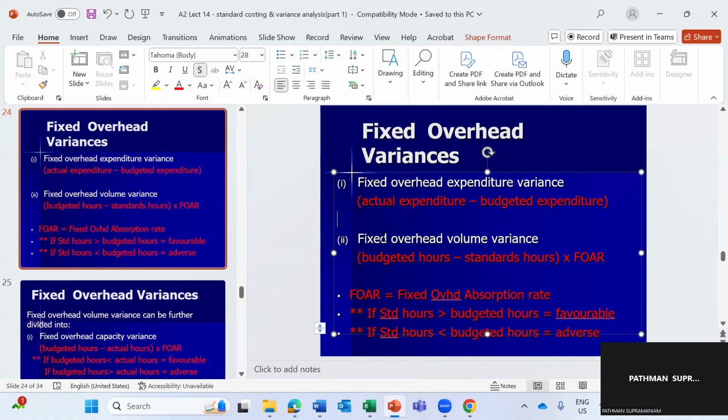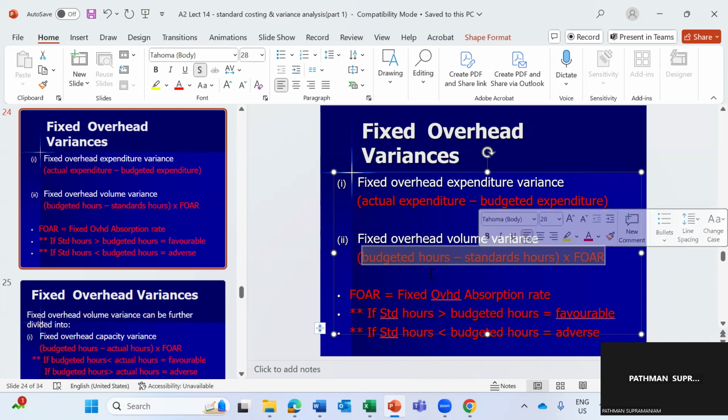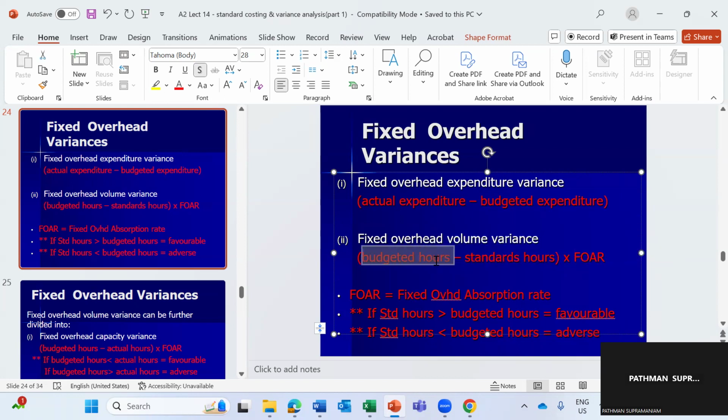Then we have fixed overhead volume variance. The formula is budgeted hours minus standard hours times fixed overhead absorption rate. Budgeted hours is how many hours we planned to work using the fixed overheads.